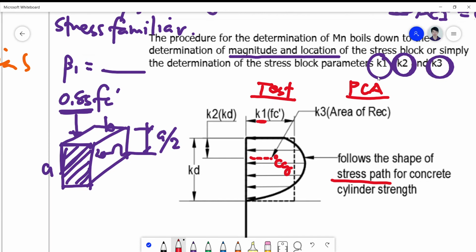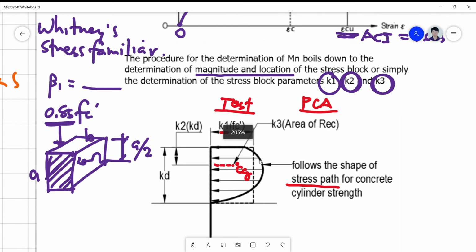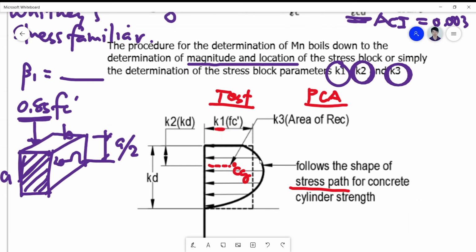Okay, so what Whitney did is he made a model and then tested. That's why Whitney's stress block is not a rectangular assumption. When we were in college, we were thinking that it's an approximation of the parabolic stress block in terms of a rectangle.